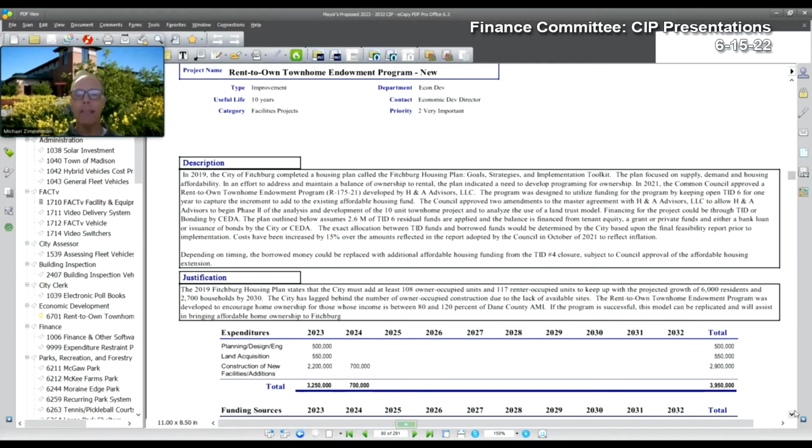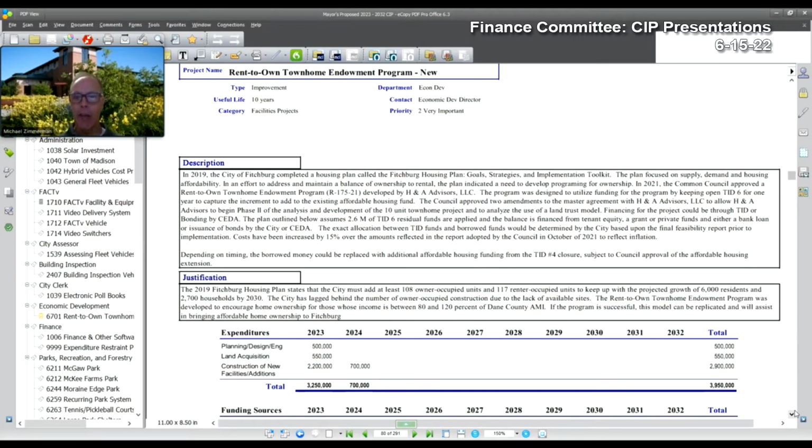And then you authorized this year for us to continue to work with H&A advisors on the next step in the process, and that's developing some of the documents and looking at a site analysis to eventually do a project with the hope that leads us to this project 6701 that would actually be construction kind of starting in 2023 and finishing in 2024. That would get us 10 units of rent-to-own townhome product here in Fitchburg, targeted towards that income level there.